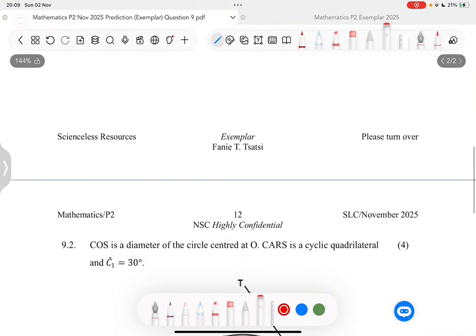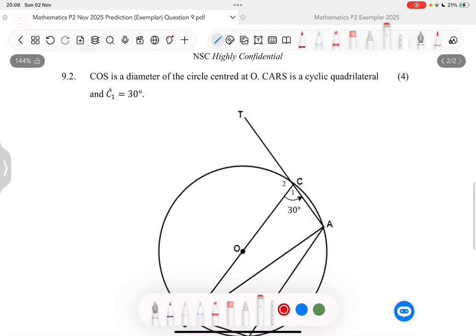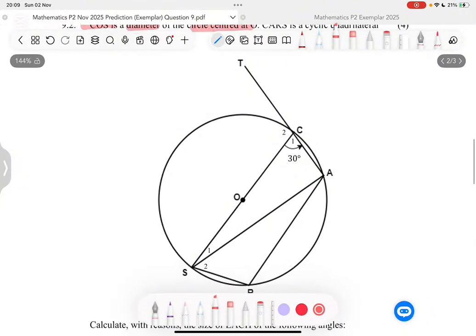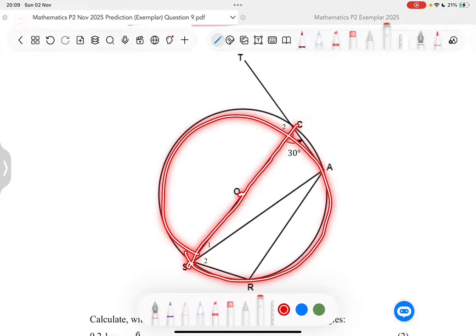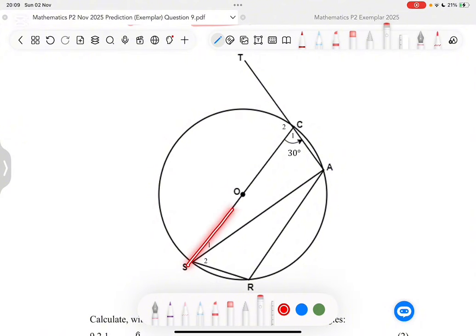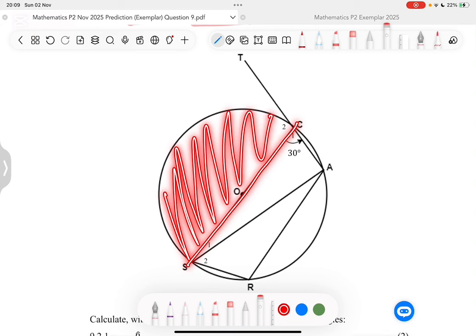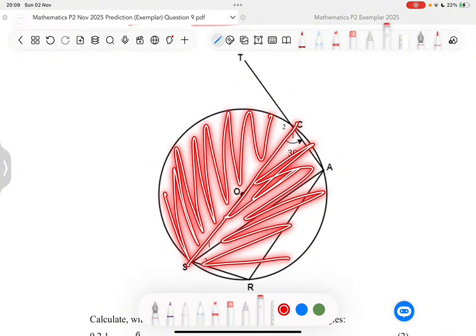The next set of questions that we are going to look at is 9.2, which says to us that COS is a diameter of the circle centered at O. So if we look at this diagram here, we can see that we have COS, which is a diameter of this circle that is centered at O. Now, when we say this line is a diameter, it means we have half of a circle this side and another half of a circle this side.